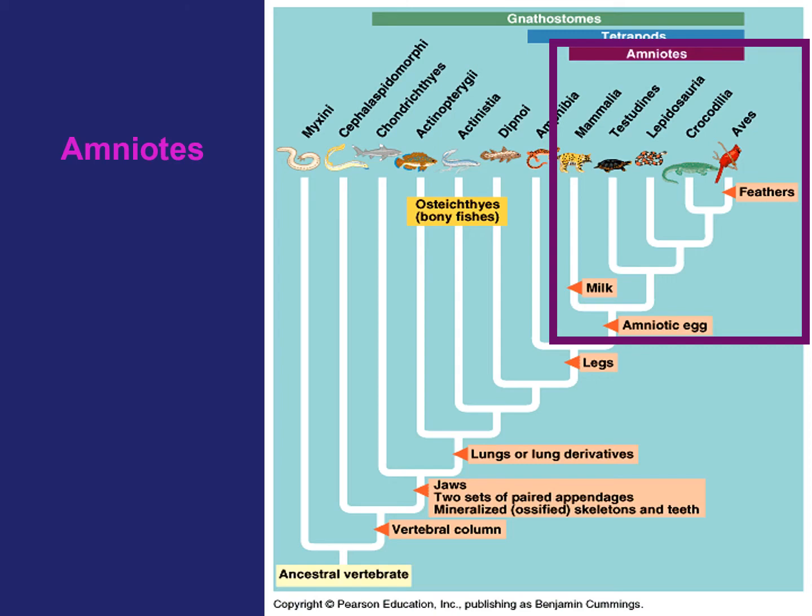They have to be kept moist, and fertilization is entirely external with only a few exceptions. So the sperm needs to swim through the water, get through that layer of goo, and fertilize the egg. So amphibians couldn't wander too far from fresh water, and that kind of limited their success.